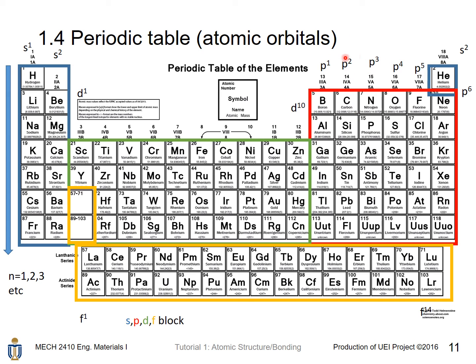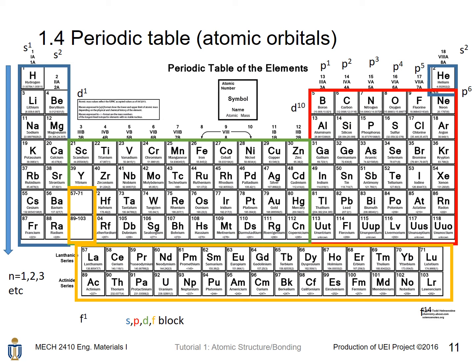Therefore it will be p2, and that means the configuration for carbon will be 1s2, 2s2, and 2p2, and the total number is 6. For the d block and for the f block, we use similar methods.